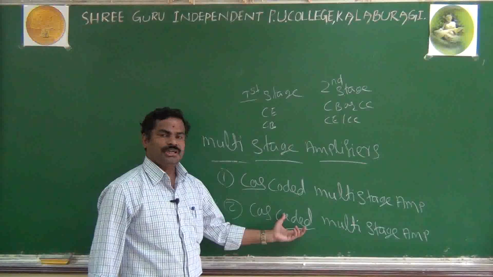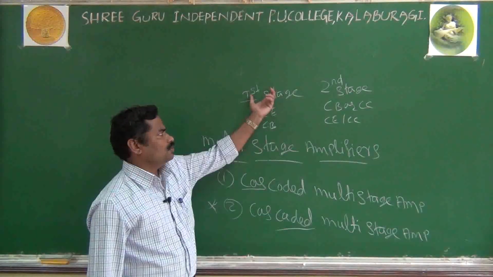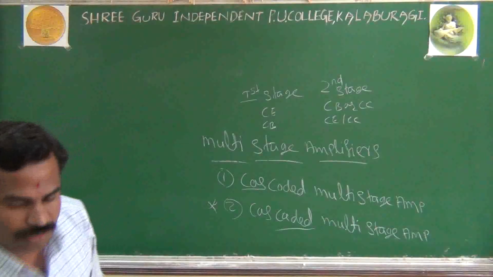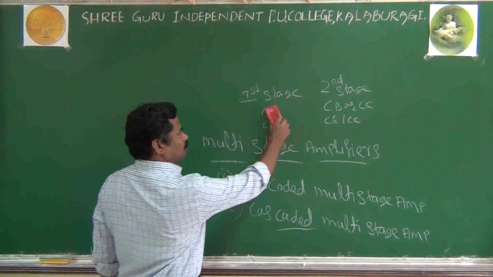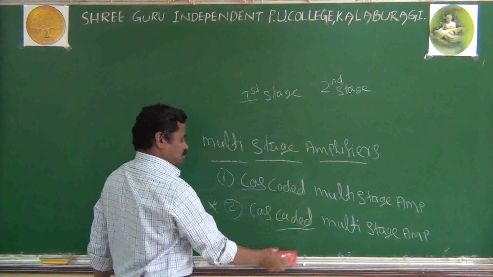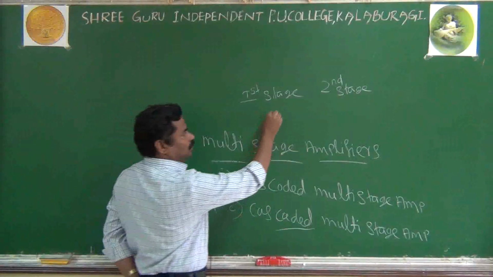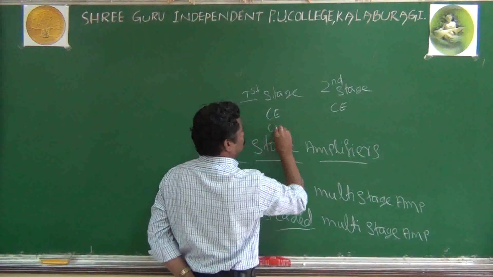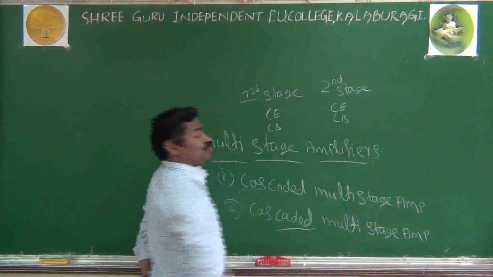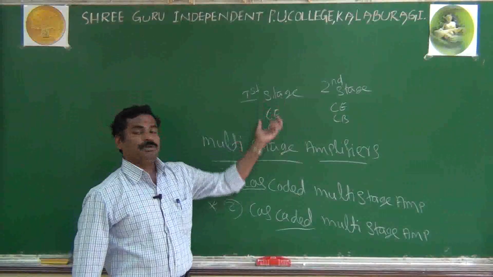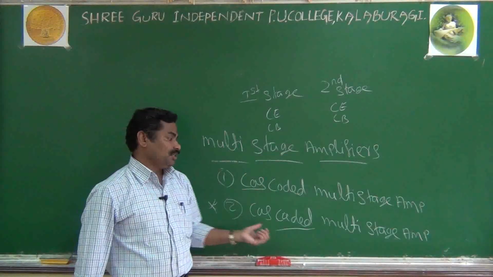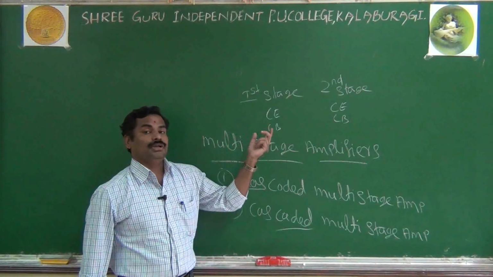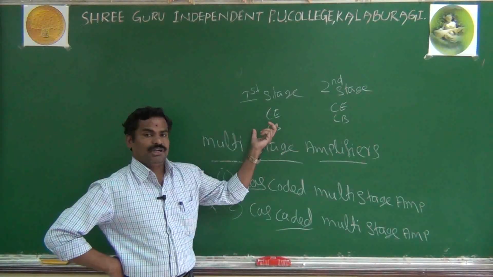In the cascade multi-stage amplifier, you are using a first stage and a second stage. The important thing is that you use the same configuration in the first stage as well as in the second. It may be common emitter here and also common emitter there. Here common base, here also common base. Also, you use the same type of coupling. In the cascade multi-stage amplifier, the stages are the same.